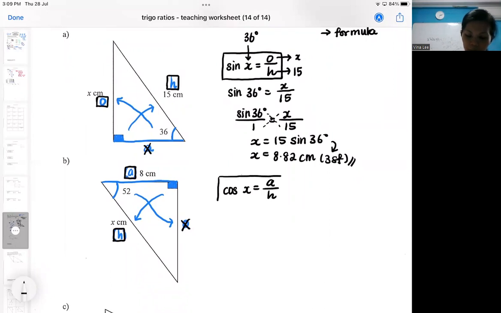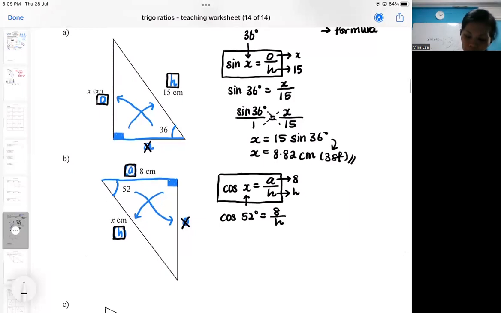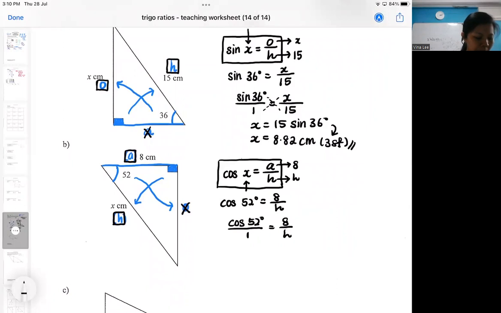So I'll be using the cosine ratio. So again, insert in the values. Insert in the A. Insert in the H. And most of the time, you need to set up your cross multiplication. As you set up, try to remember cosine 52 is going to be an ugly decimal. So some of you might feel that you prefer to punch it out. So if you are the one who prefers to punch out, okay, just don't be lazy.